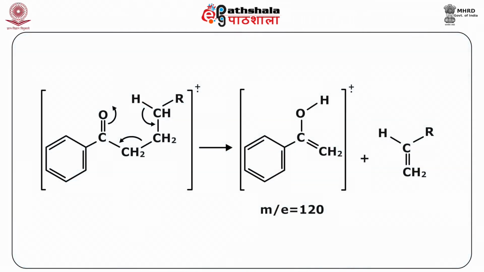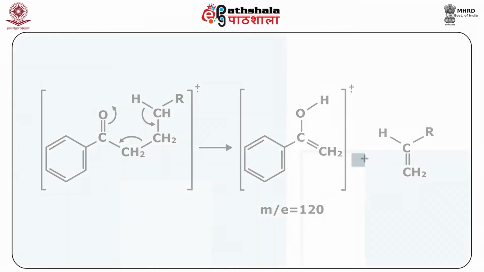Aromatic ketones also may undergo McLafferty rearrangement. Now how the McLafferty rearrangement takes place is shown here in this reaction. As you can see here, the McLafferty rearrangement is clearly taking place, and the formation of fragments follows.